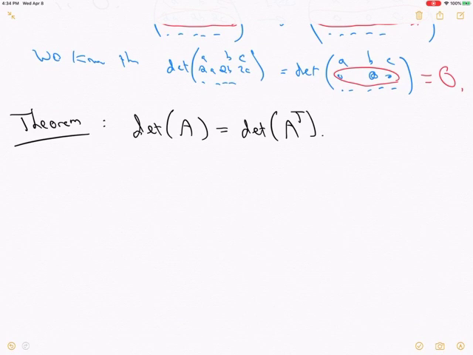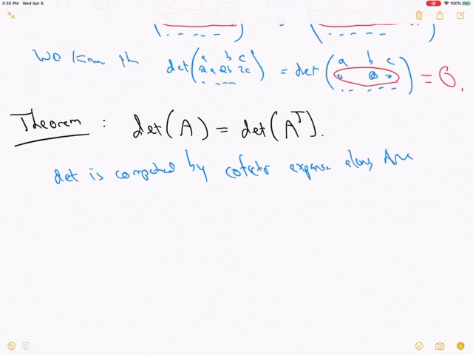This is just because to calculate the determinant, you can do a cofactor expansion along any row or any column of your choice.